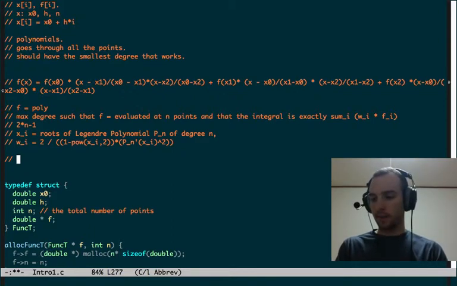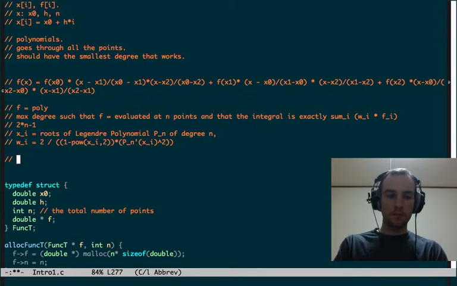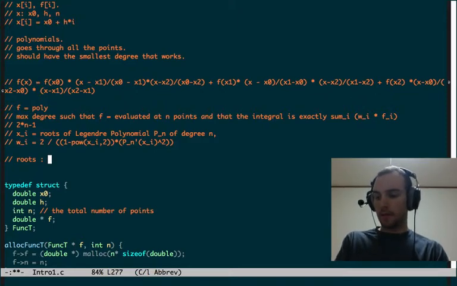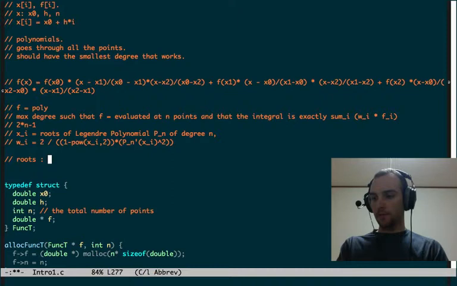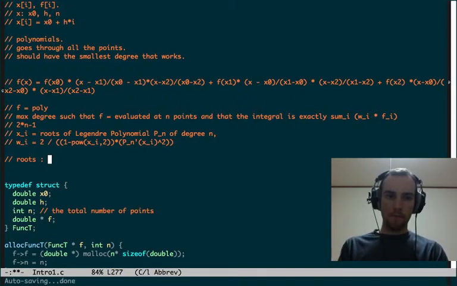So okay, we have to compute the roots, right? And mathematical knowledge tells you that you have how many roots? If you're a constant, you have no roots. If you're a linear function, you have one root.